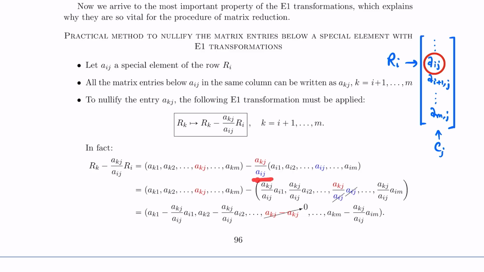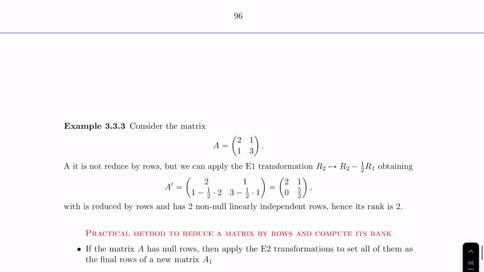If we perform the multiplication of all the row entries by this factor, we obtain what is written here, and as you can see, at the jth position, we find that this entry and this entry cancel out, and we remain with akj. Hence, when we subtract the two vectors at the jth position, we obtain akj minus itself, and so this entry is nullified. Let's see this method in action with a very simple example.